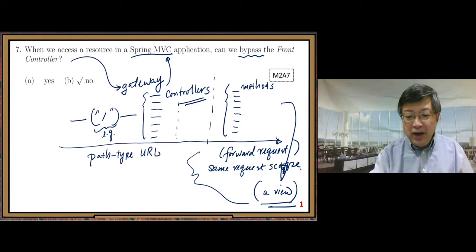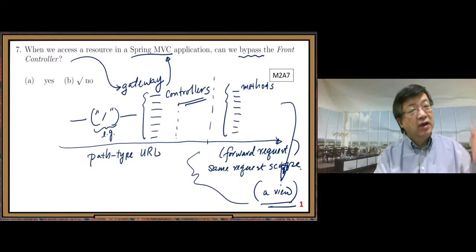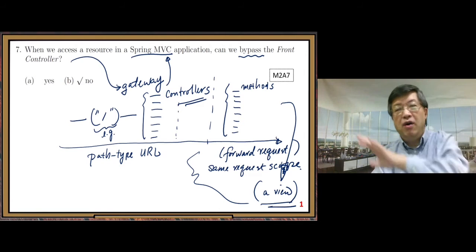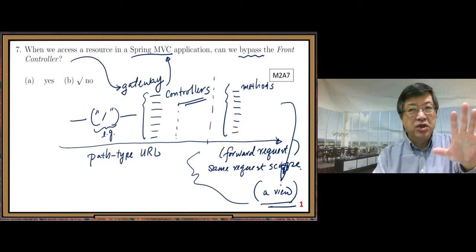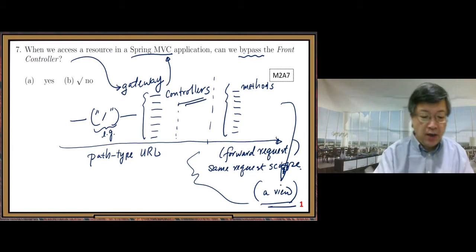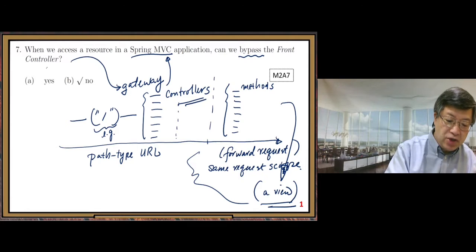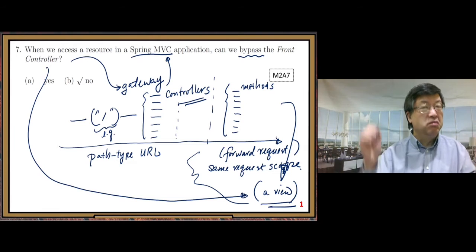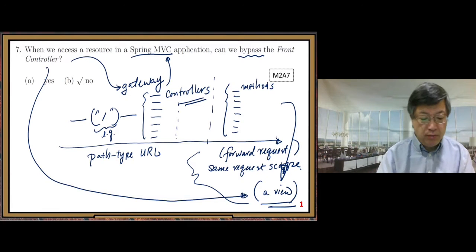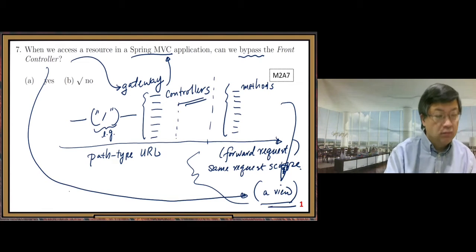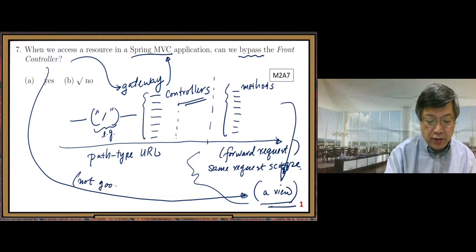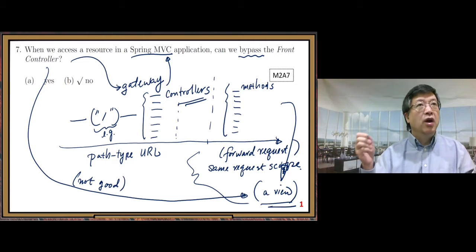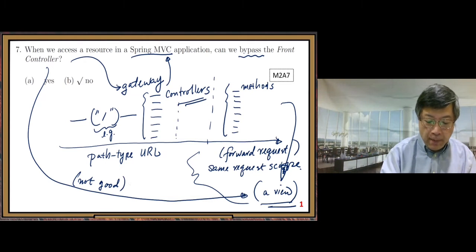Now think about if a user does not follow all these standard steps, and just jumps to that view directly. Even if it is possible, it is not a good way to do it. The reason is, where is the model data?